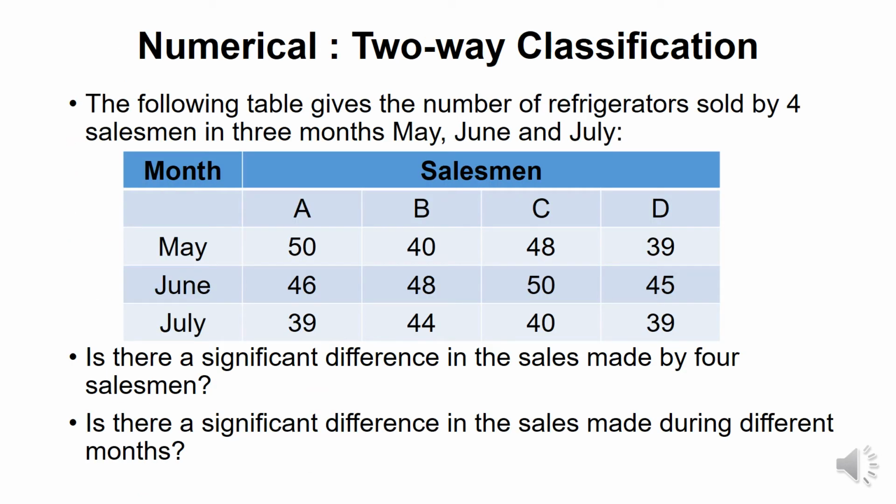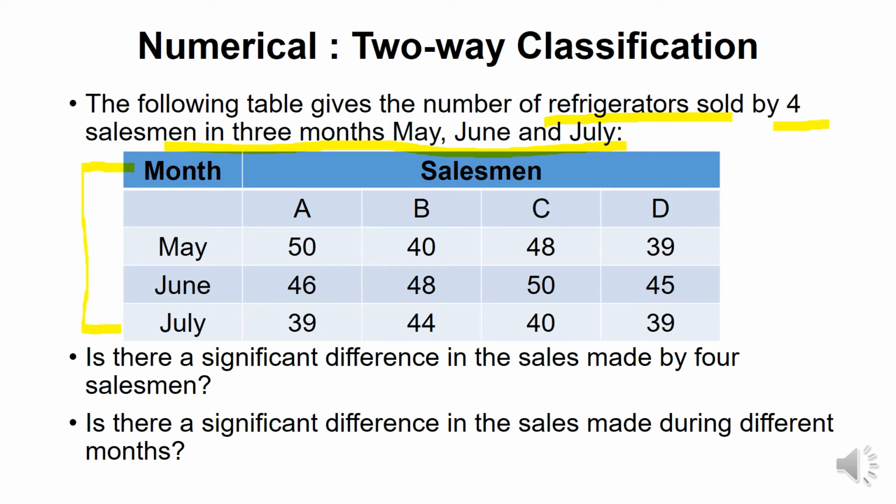Taking the numerical of two-way classification now. The information which is on your screen relates to the number of refrigerators sold by 4 salesmen in the 3 months, that is May, June and July, and this is the information which is given to you.